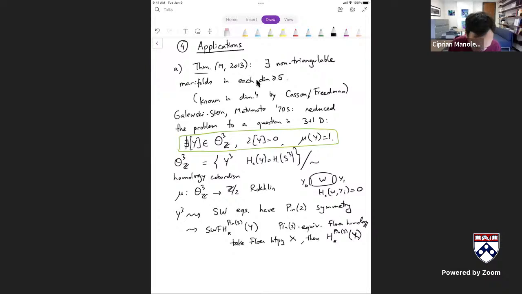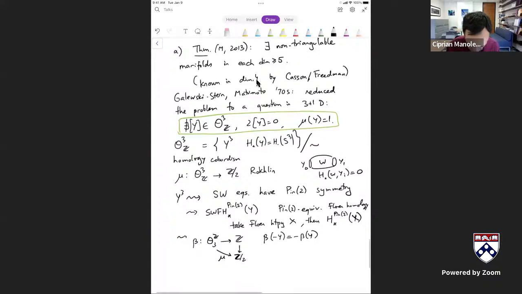Once you have this group, there's a whole story, but you construct some lift of the Rokhlin mu invariant from theta 3 Z to Z, such that beta of minus Y is minus beta of Y. This is some invariant that you extract from this Pin(2)-equivariant homology.